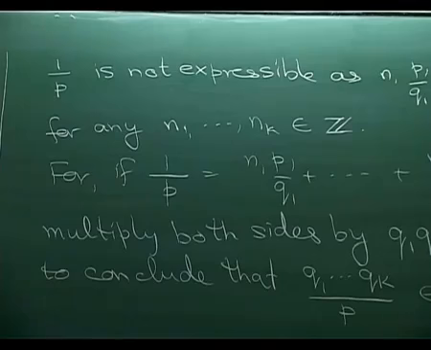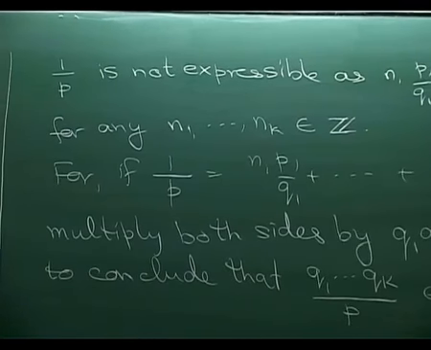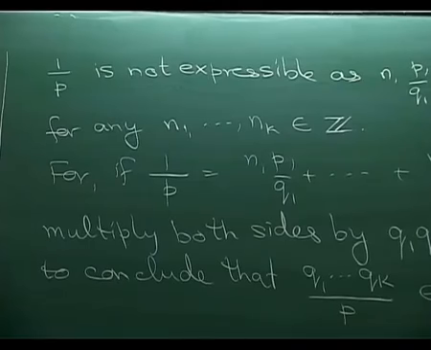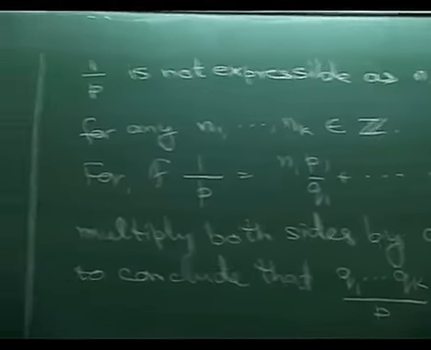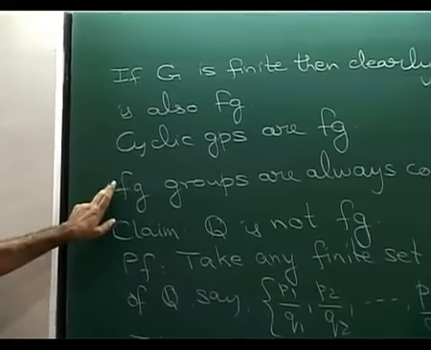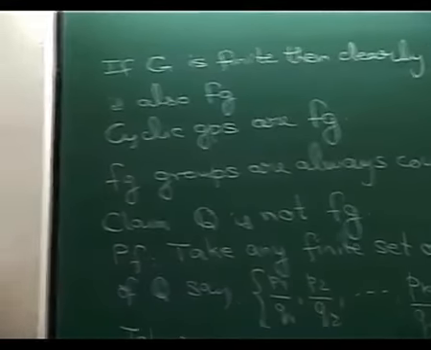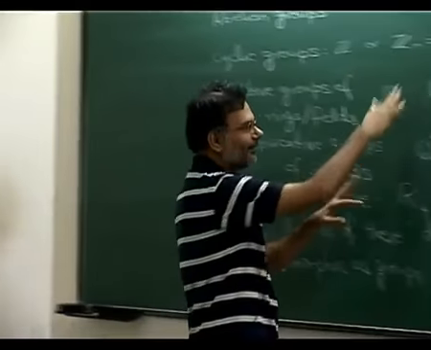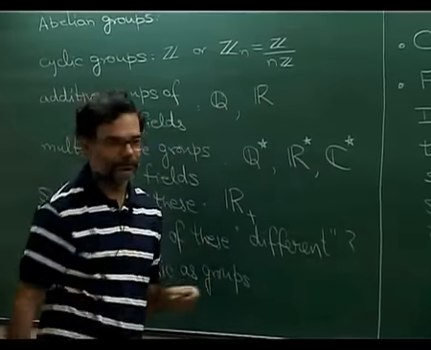So we have seen that no matter which finite set of elements in Q you take, it cannot generate. So Q is not a finitely generated group. It is countable but not finitely generated. So the converse of this is false. Q is an example to show that it's false. So that distinguishes between Q and Z, of course. Okay. So now we still have the rest to distinguish from.